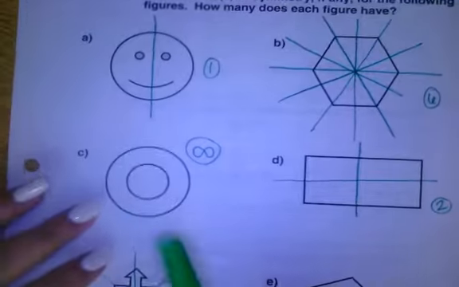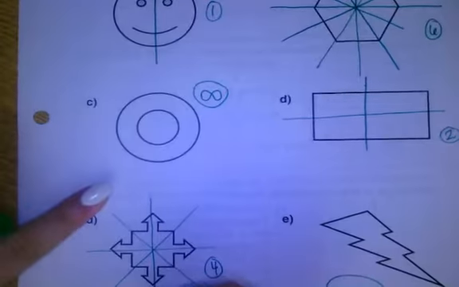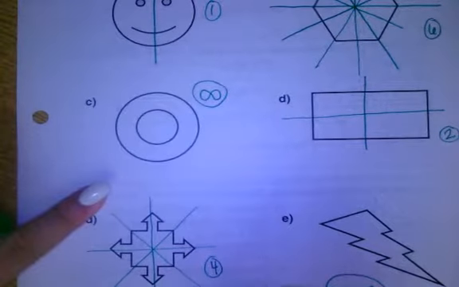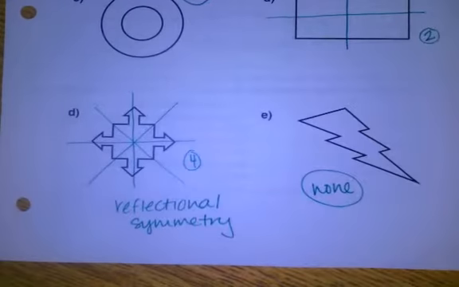Okay, these lines of symmetry are what we call reflectional symmetry. So you need to know that vocab word, reflectional symmetry. It'll say how many lines of reflectional symmetry, which means you're splitting in half like a mirror image on the left side and the right side.